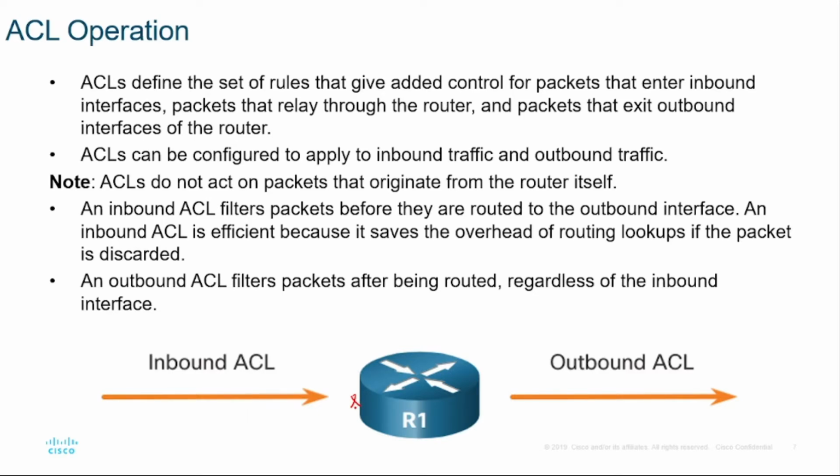That is why this is more efficient. An inbound ACL is efficient because it saves the overhead of a routing lookup if the packet is discarded. Because at this point, if the packet does not match the given rules or does not match the ACL entries, automatically the packet will be dropped, and it will save overhead on the CPU processing of the router before it goes through the outbound ACL.